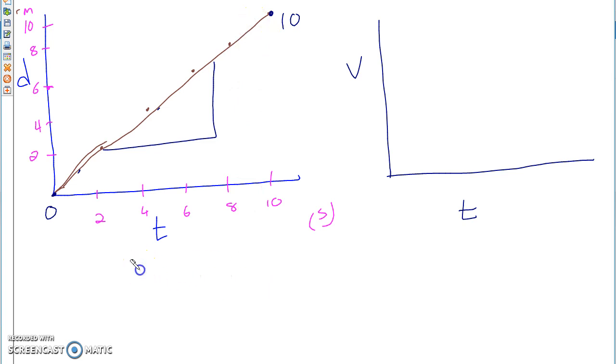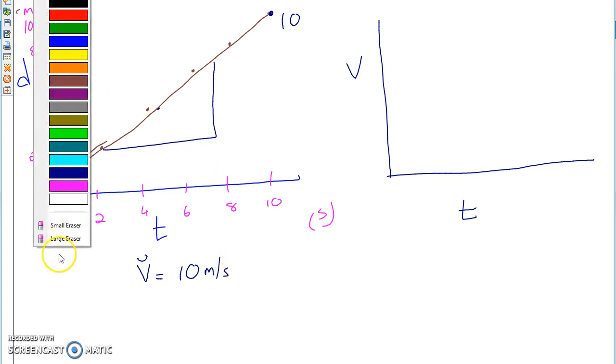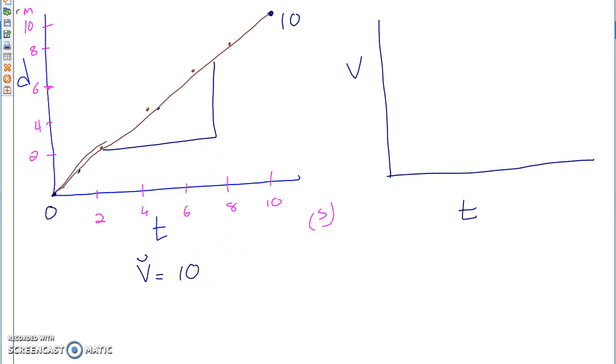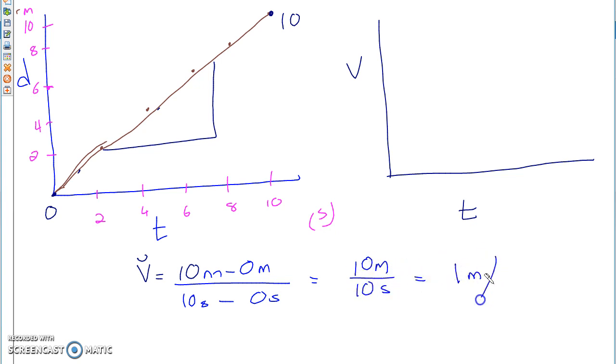So imagine I do that. I do my final, which is 10 meters, minus 0 meters divided by 10 seconds minus 0 seconds. And you get 10 meters over 10 seconds, which is 1 meter per second.